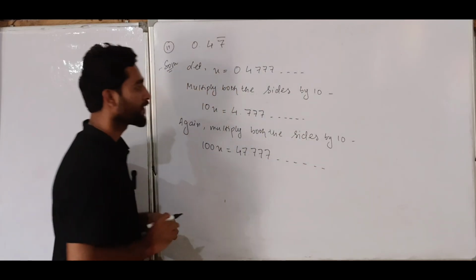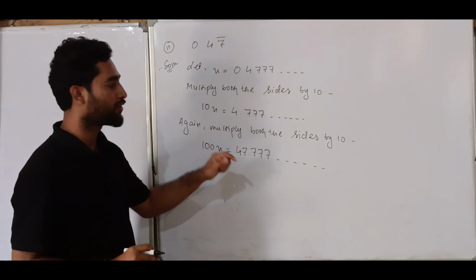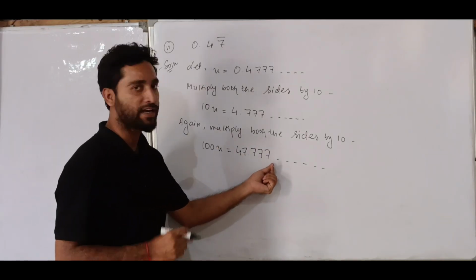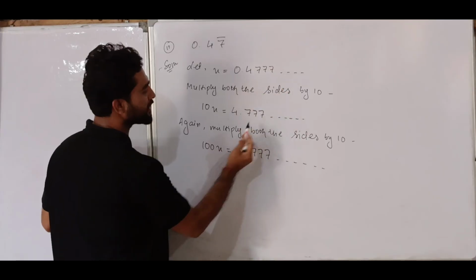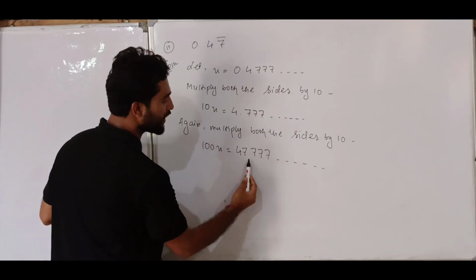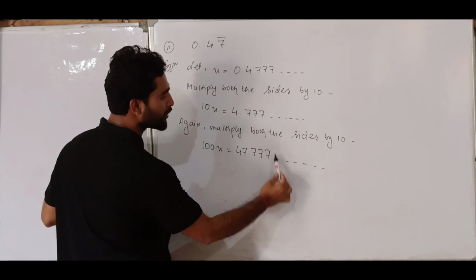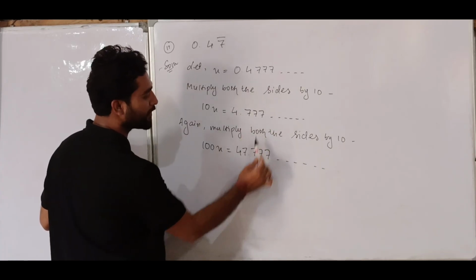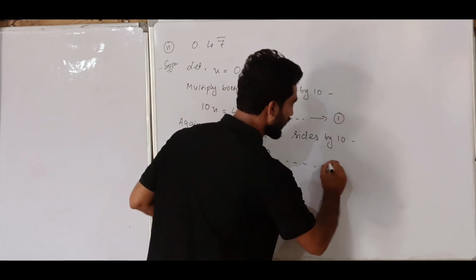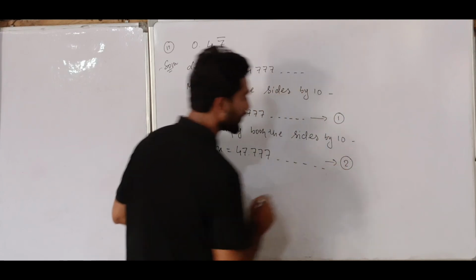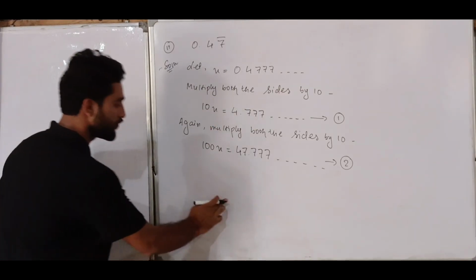Now check whether you are getting any two equations where the digits after the decimal point are the same. Here, after the decimal point 77 is there, and here also 77 is there. That means we can take these two equations, because after the decimal point the digits are the same. Consider this as equation number 1 and this as equation number 2.